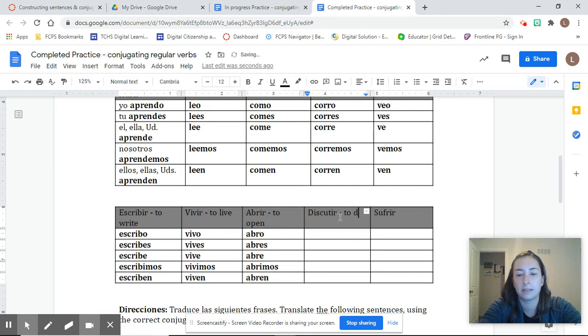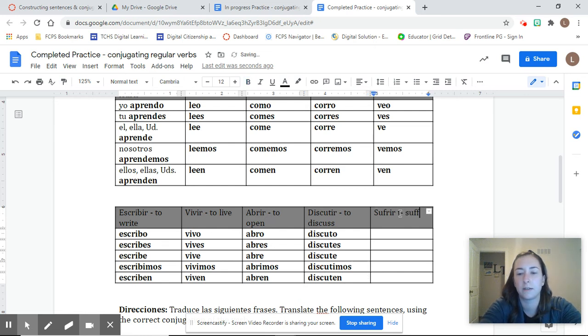Discutir is to discuss. Yo discuto. This one's a little bit harder to say. Take the IR off. DISCUT. Tú discutes. Usted discute. Nosotros discutimos. Ellos y ustedes discuten.